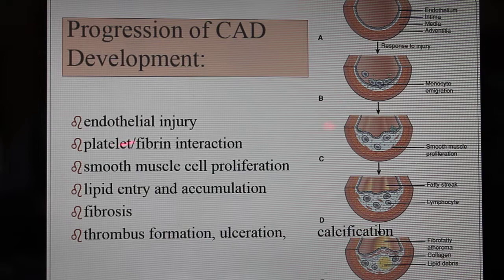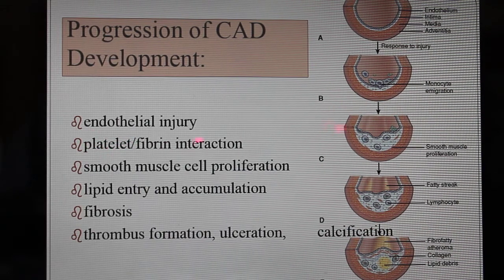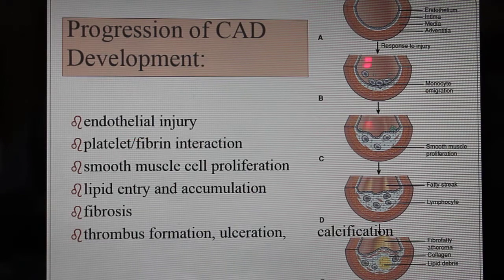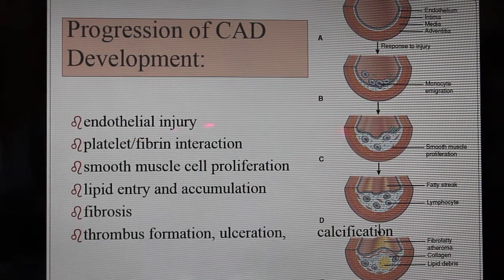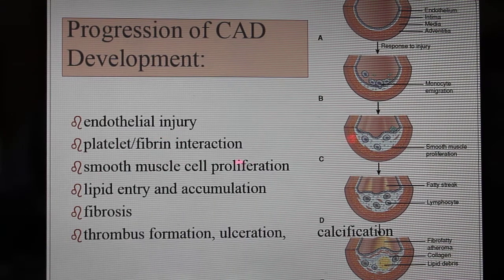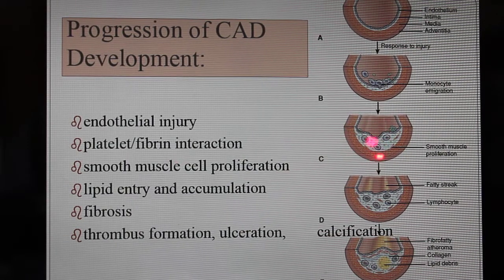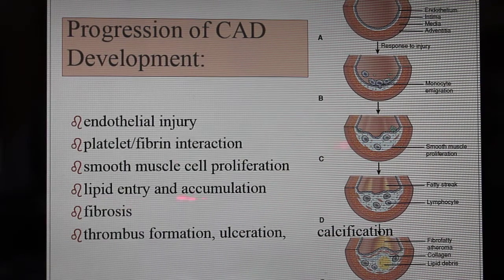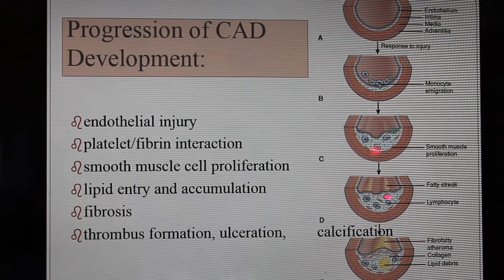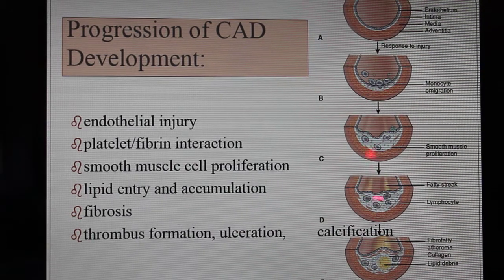Then we'll start to form what our body normally does, bring platelets and fibrin to the injury, and they'll migrate here. Then we'll start to grow more cells. We're going to start to pack that in. And then fats start to accumulate. You see these little yellow streaks right here? It starts to accumulate on top of where that injury was.